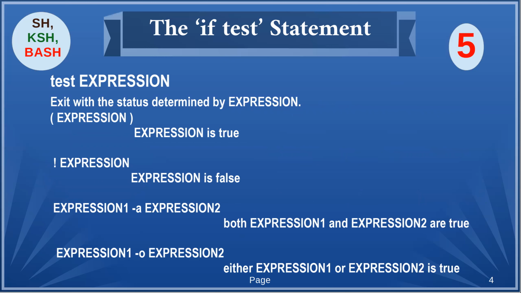So the test expression, when we are doing test, if, and then followed by an expression, the expression could be of any form. If the expression being evaluated here is true, then that part of the if statement is going to be executed. Otherwise, the else part or elif part is executed.